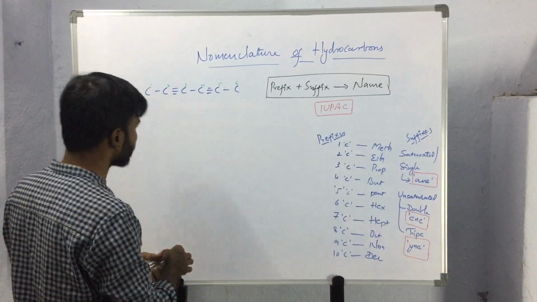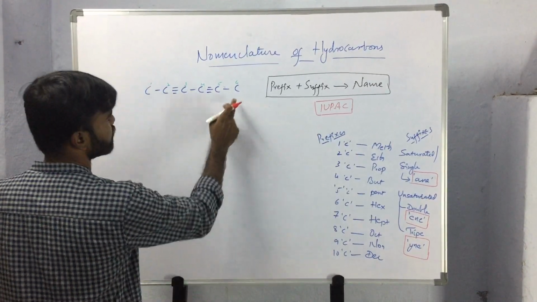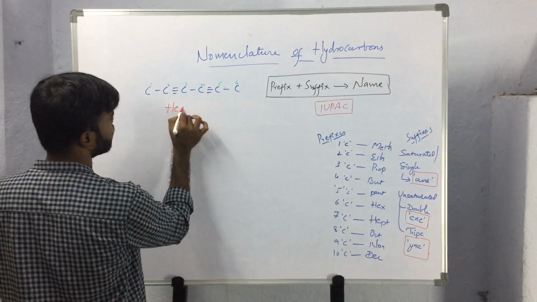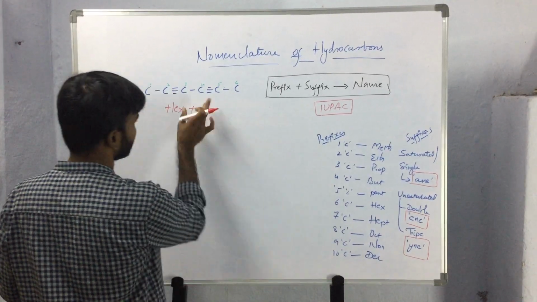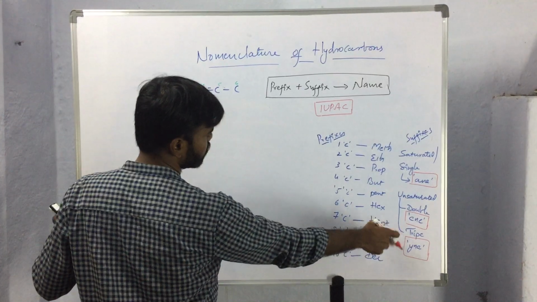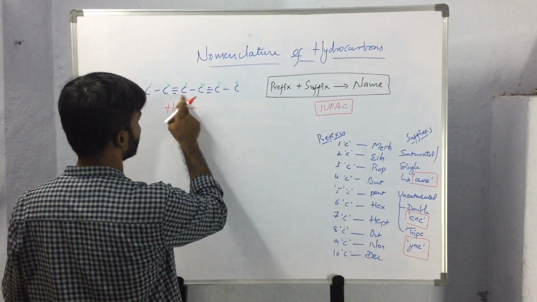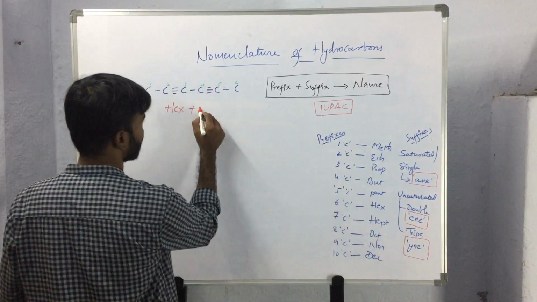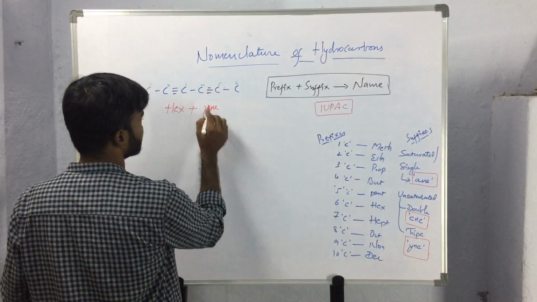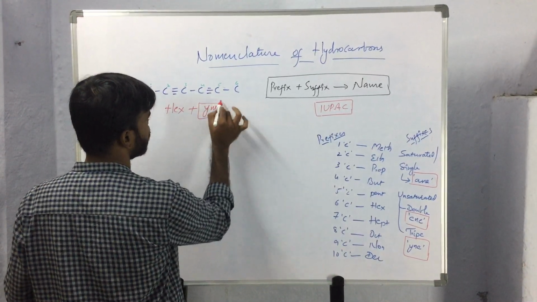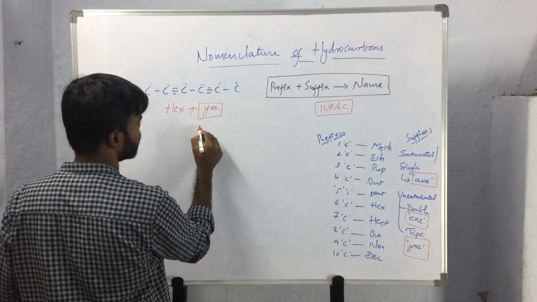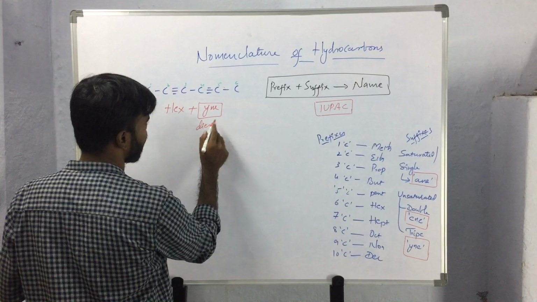Here the name of the compound will be, as it is having 6 carbon atoms, the prefix hex we will take, and as it is having unsaturation, we have to select the type of unsaturation. Here the triple bond is the unsaturation this compound is having, so yne we have to use, but here we have 2 triple bonds, so we will be using diyne.